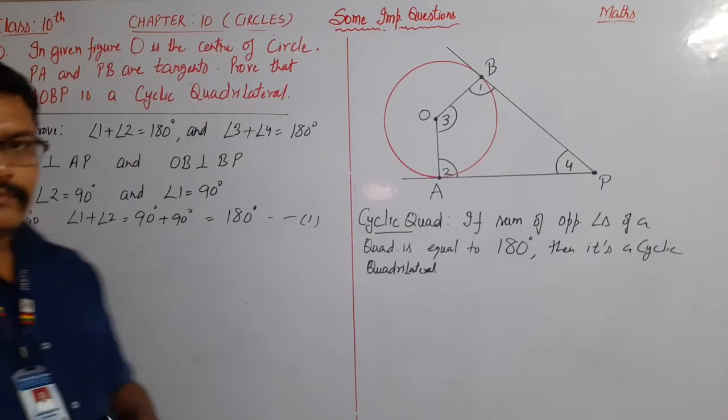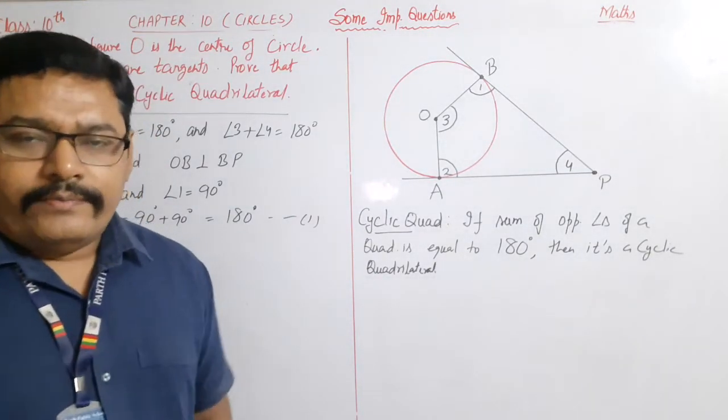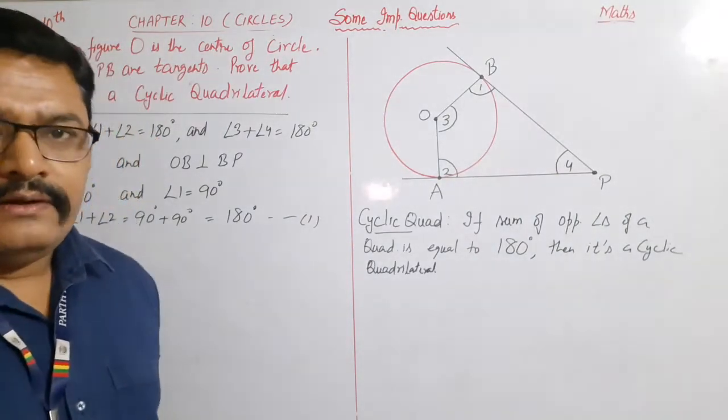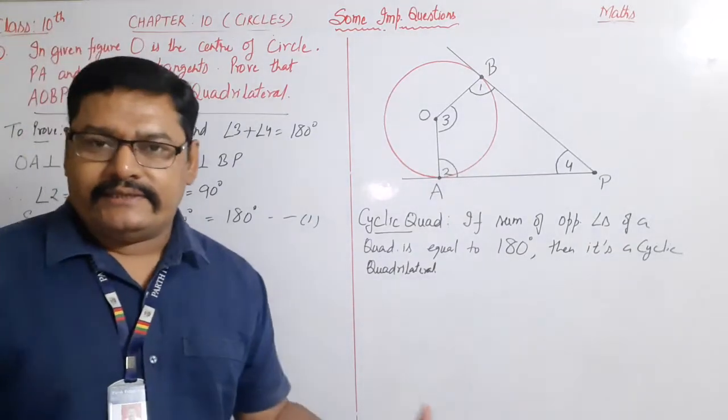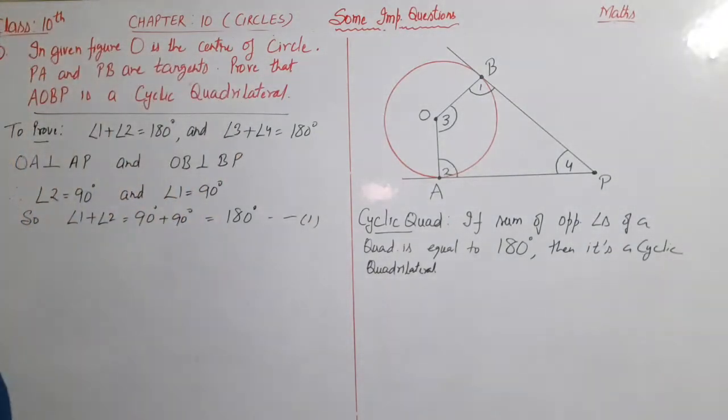So in this way we have proved that the sum of one side of opposite angles is 180-degree. Now in addition to it, we have to prove that the second side of opposite angles is also 180-degree. How?